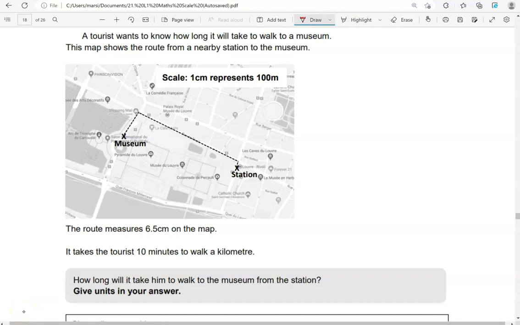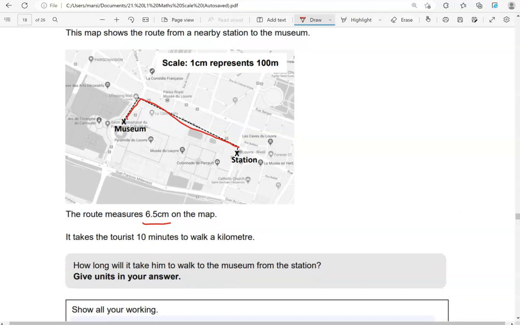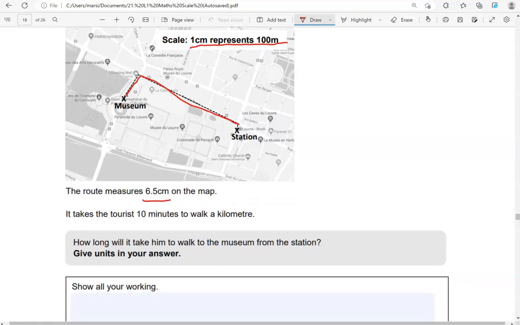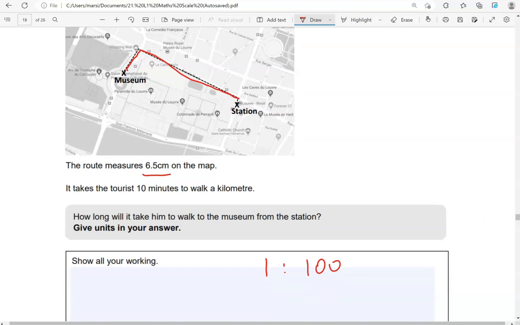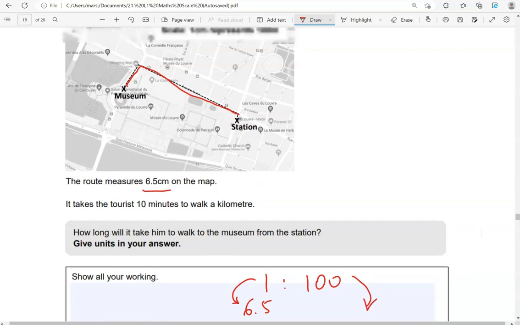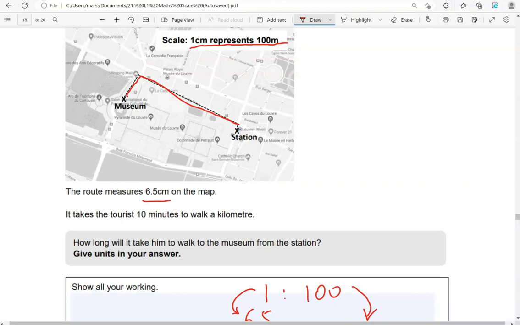So we're given that the length of this route on the map is 6.5 centimeters. We know that 1 centimeter represents 100 meters. So the scale is 1 to 100. So 6.5 centimeters, what is that in reality?